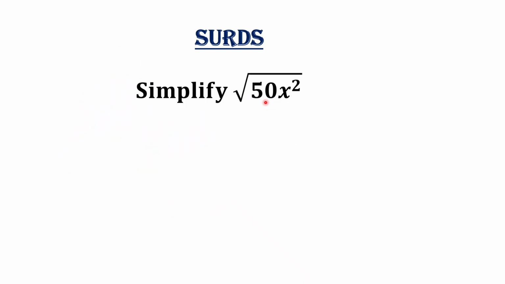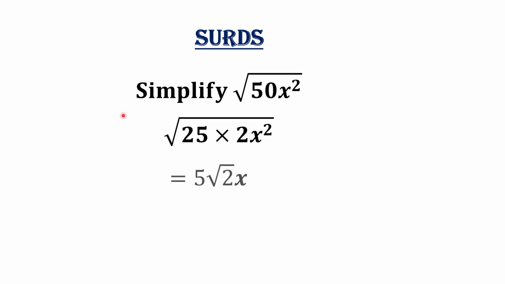Let's first do this. Root 50, we did it just now. It's 5 root 2. How do we do root 50x squared? Let's simplify it first. There's going to be 25 times 2x squared. Root 25 is 5. Root 2, we don't know, so we just write it. Root x squared is x.